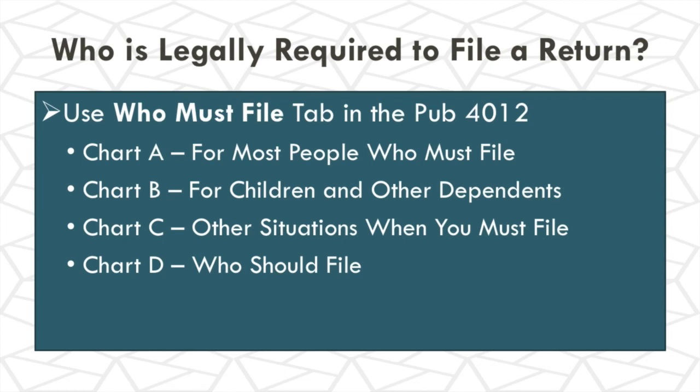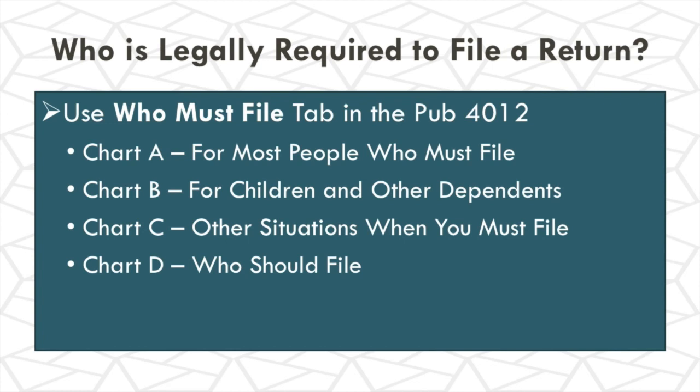Now, they still may want to file a return, and we'll talk about situations when they should file in just a moment. But first, let's talk about Chart B, which is for children and other dependents. You're going to refer to Chart B when you have children and other dependents who may be required to file a return, even though they are going to be claimed as dependents. Specifically, if a parent can claim a child as a dependent, the dependent may still need to file a return if they have earned income greater than a certain amount. Generally this is going to be less than the amount for single filers.